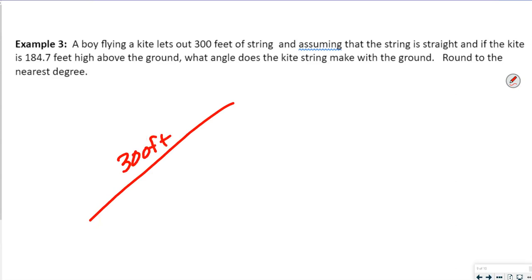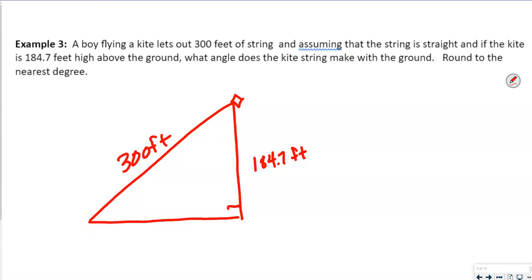So our kite would be up here, right? If the kite is 184.7 feet above the ground, what angle does the kite string make with the ground?